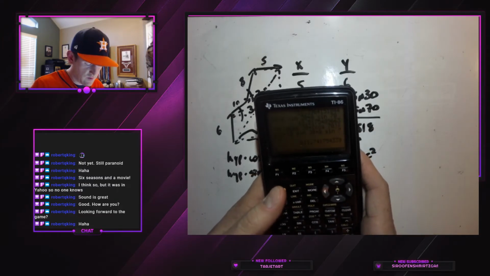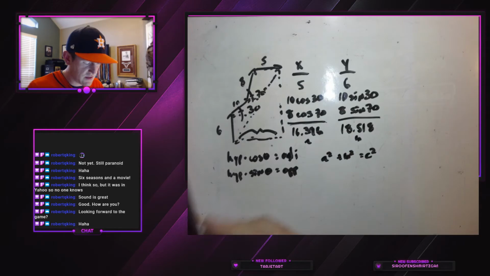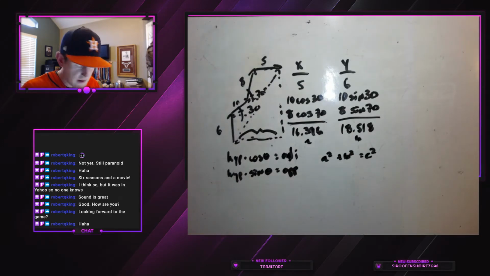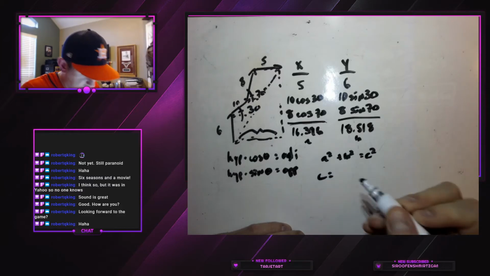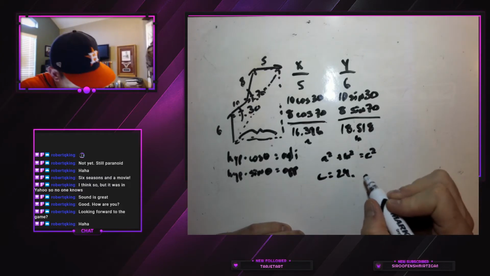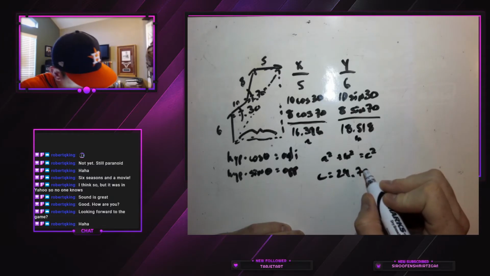And then if we square root both sides, we end up with a C of 24.73.